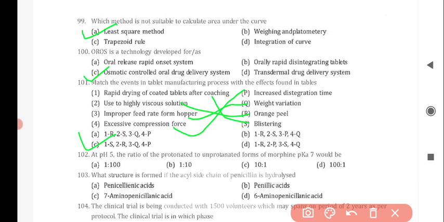Next question is, at pH 5, the ratio of the protonated to unprotonated forms of morphine, pKa 7, would be, and the correct answer is option C, 10:1. Next question is, what structure is formed if the acyl side chain of penicillin is hydrolyzed? And the correct answer is option D, 6-amino penicillanic acid.